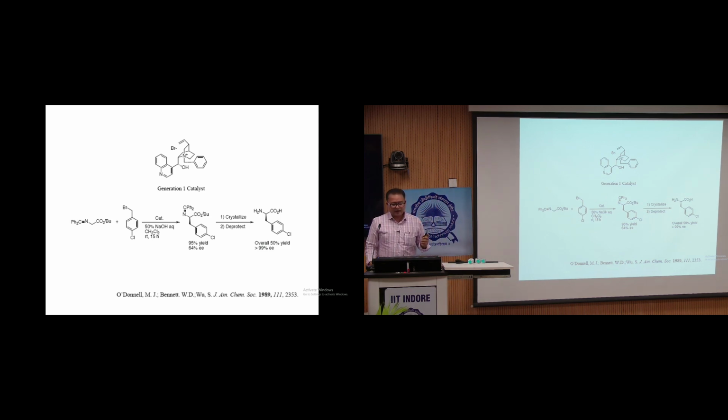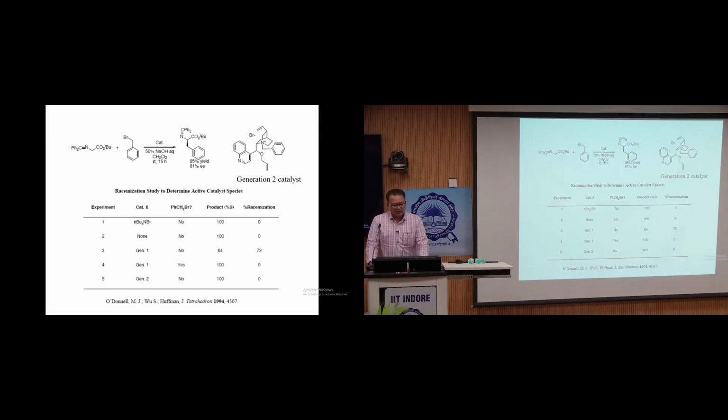Very, very fantastic results I feel for that time. Now when he does the same reaction with the generation 2 catalyst, just remember, we use an allylated one in this case. He tries this reaction with the generation 2 catalyst, 95% yield, 81% enantioselectivity.